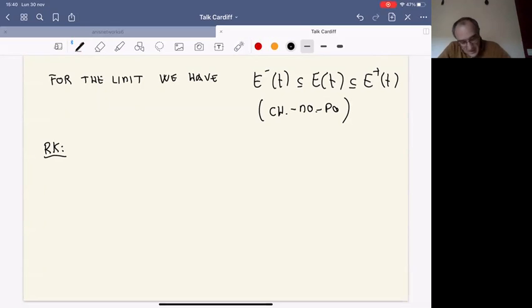One is the following. It's not a remark, it's an open question about this limit, an open problem. Is the map which goes from t to the volume of E(t) continuous, or are there jumps or not?